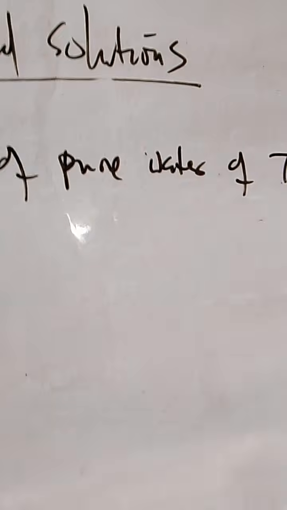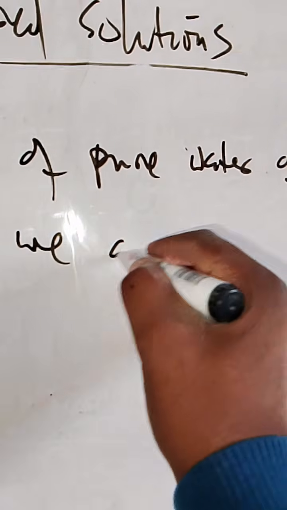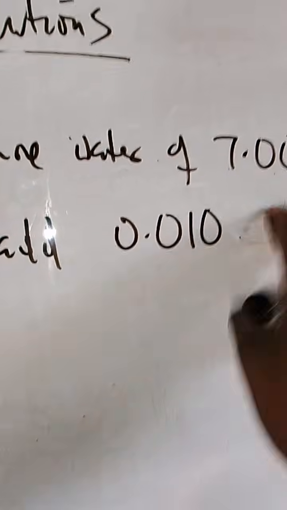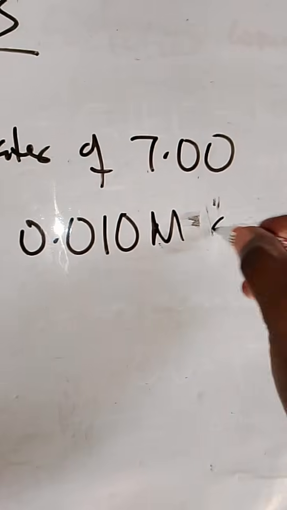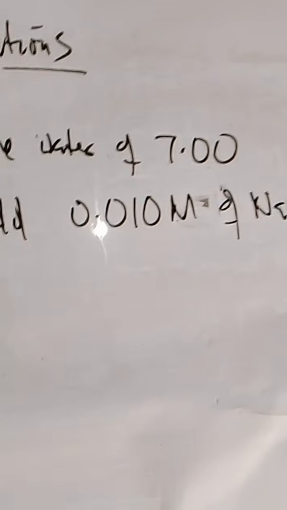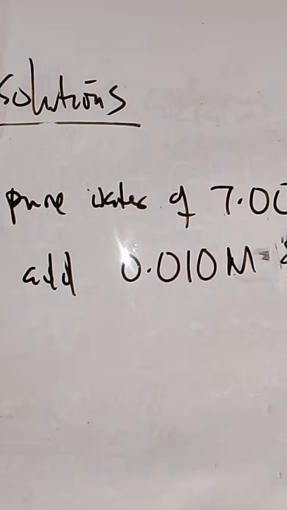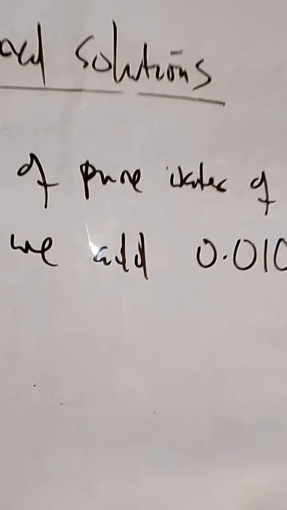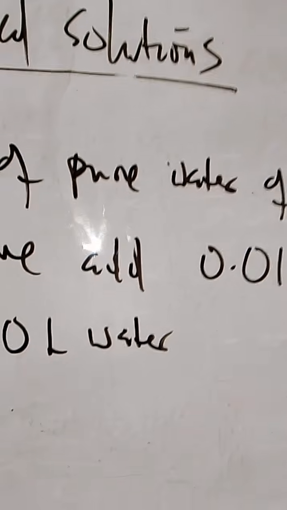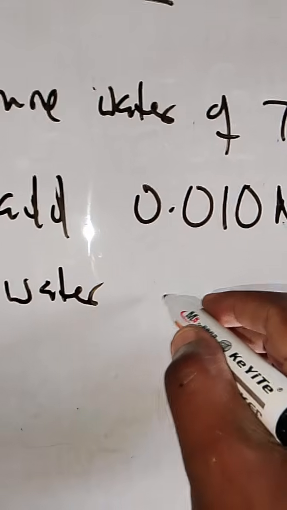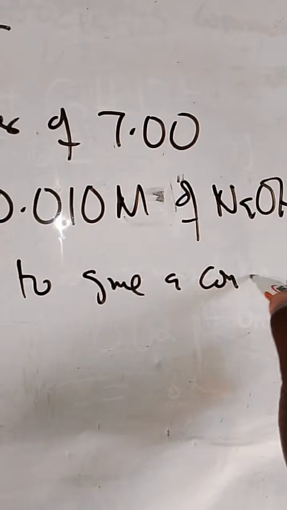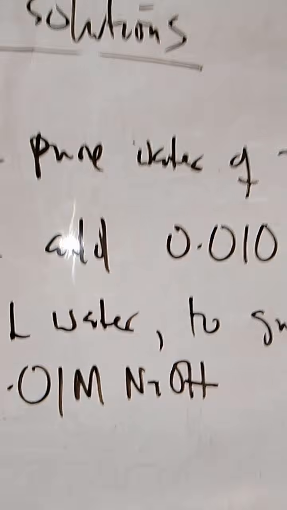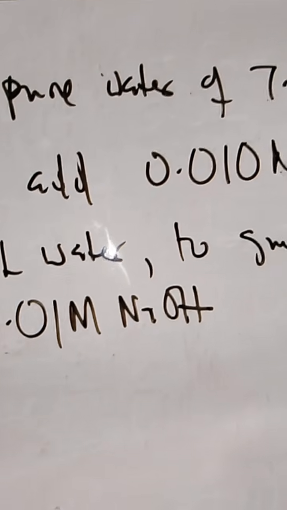Now what happens if we add the same amount, 0.010 molar of sodium hydroxide, to 1 liter of water to give a concentration of 0.01 molar sodium hydroxide? What will be the change in pH?